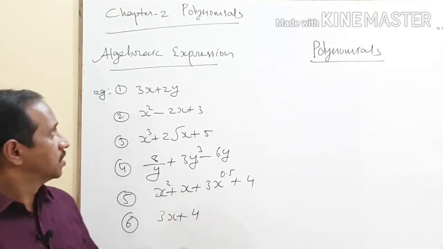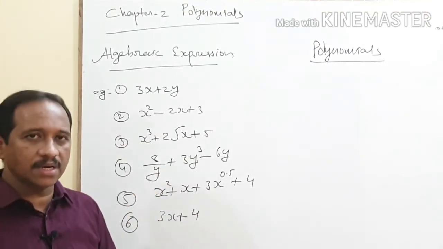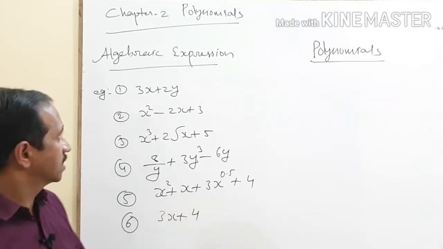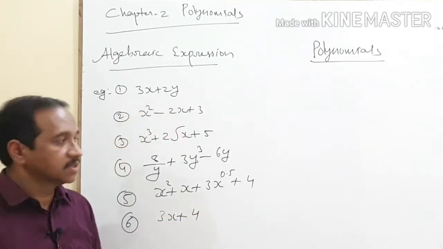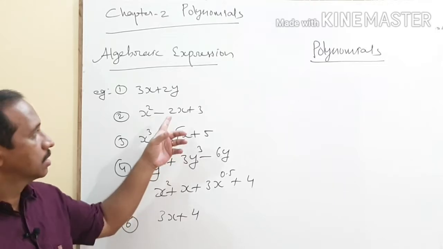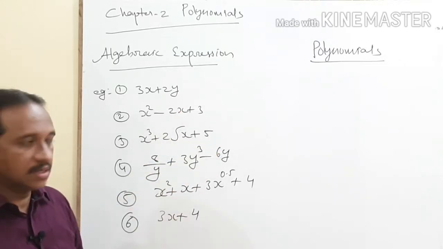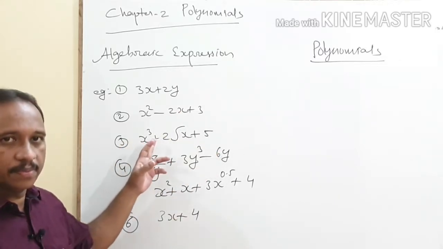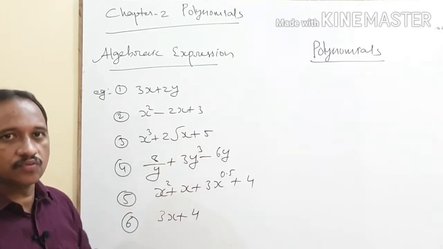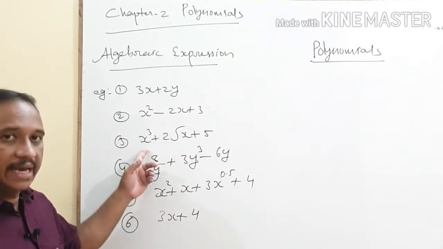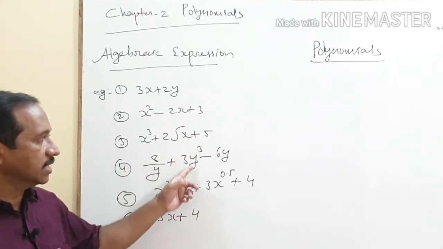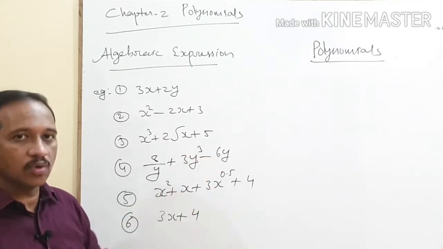Here I have written few examples for algebraic expressions. First one is 3x plus 2y. Second one is x square minus 2x plus 3. Third one is x cube plus 2 root x plus 5. Fourth one is 8 by y plus 3y cube minus 6y.